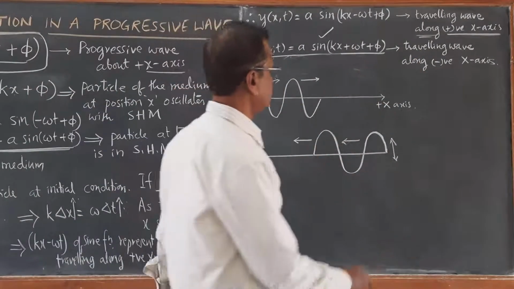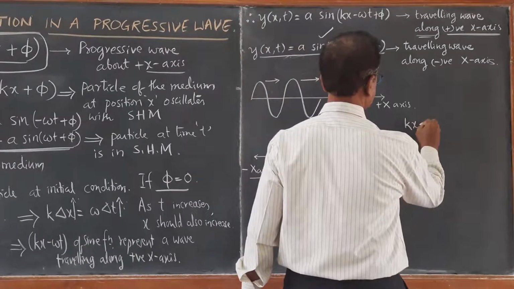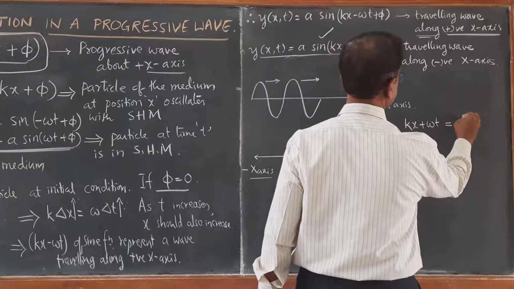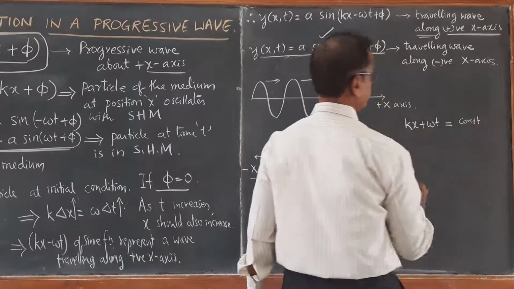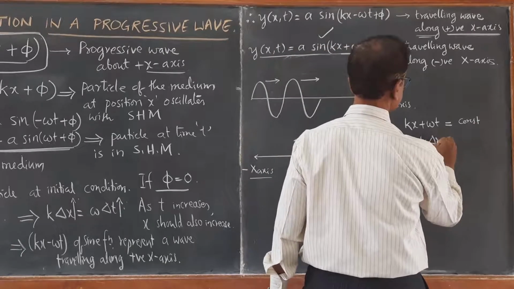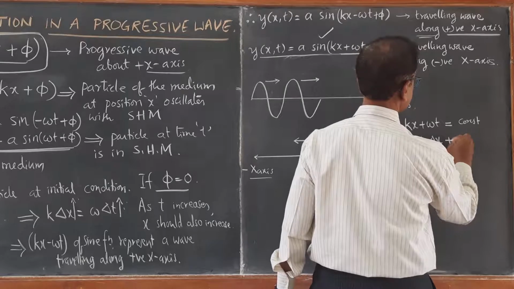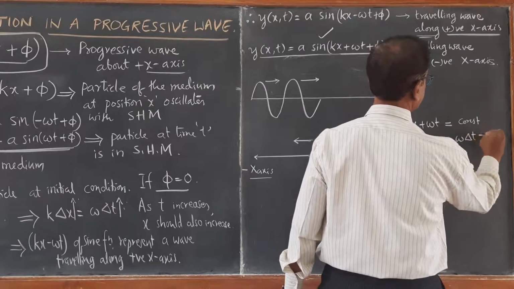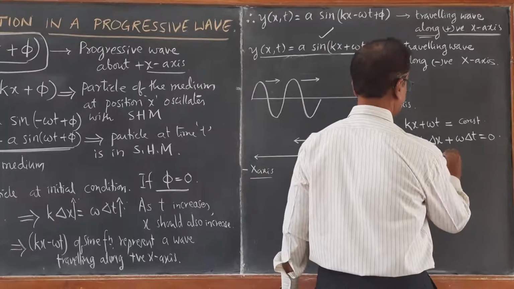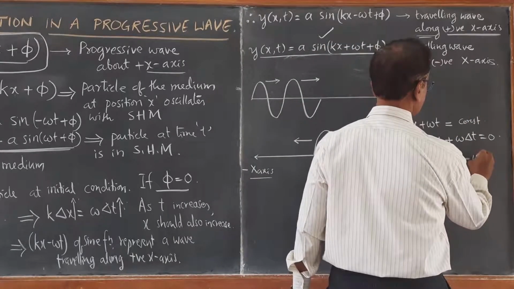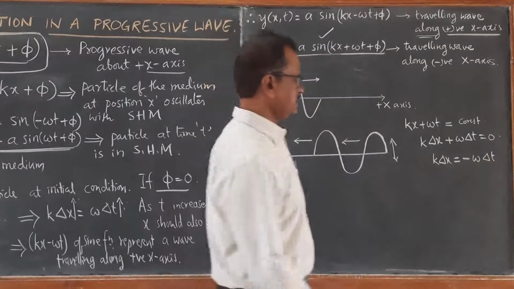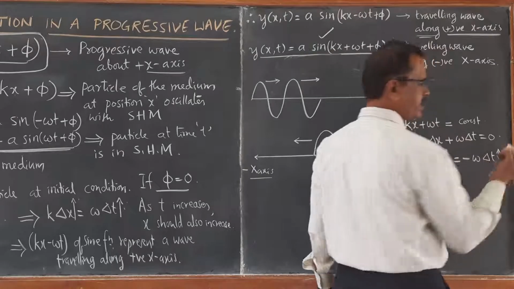What happens here? If you take kx plus omega t as equal to some constant and differentiate, then k delta x plus omega delta t becomes 0, because differentiation of a constant is 0. So k delta x is equal to minus omega delta t. In this case, time will never decrease.